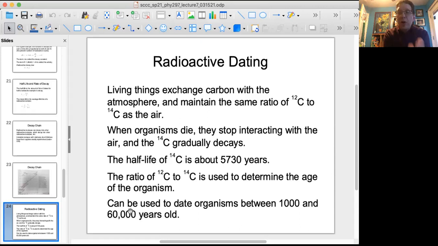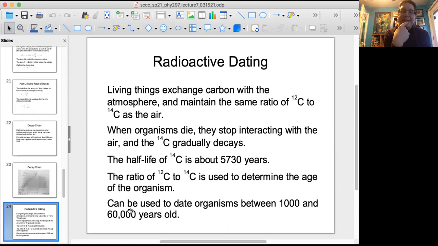Whatever carbon-14 we're breathing out, we're breathing some in, and we wind up maintaining the balance. Whether we're exhaling carbon dioxide or consuming carbon from food, ultimately we're maintaining a balance with the air.